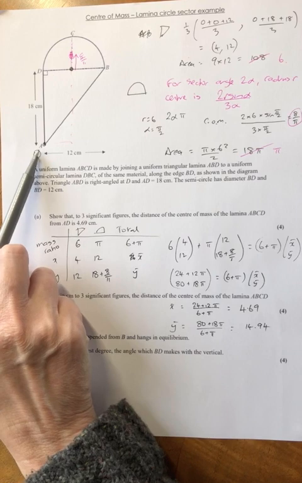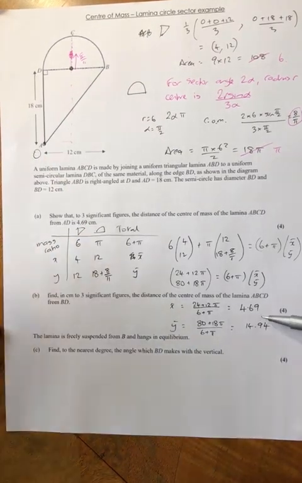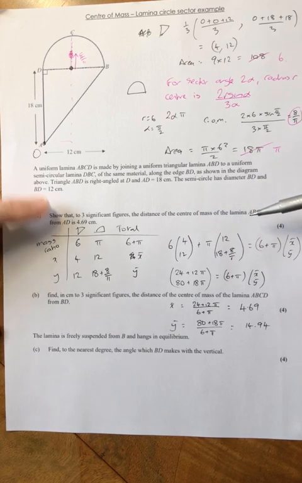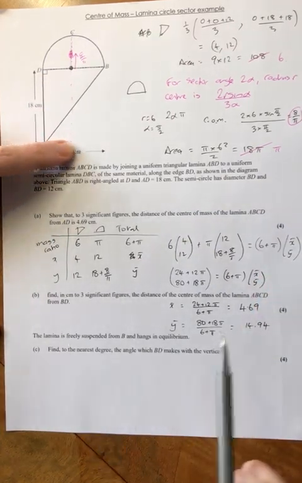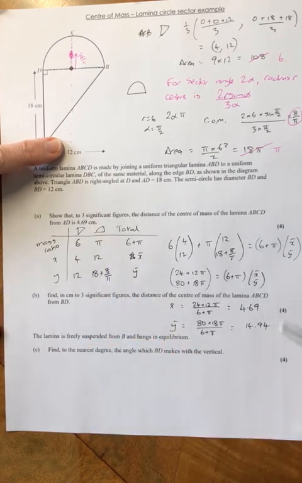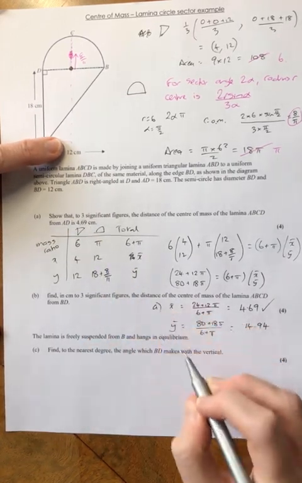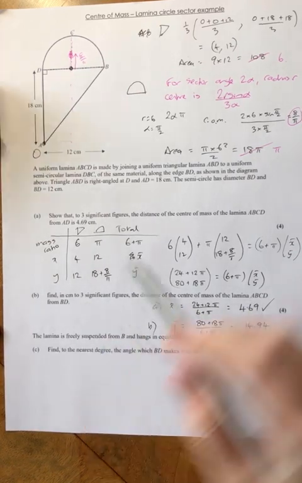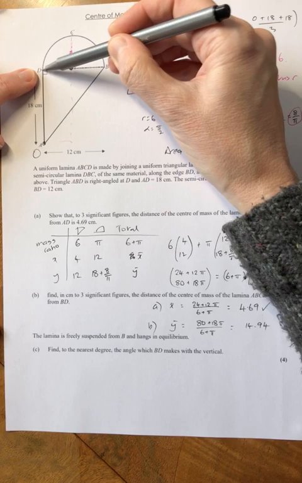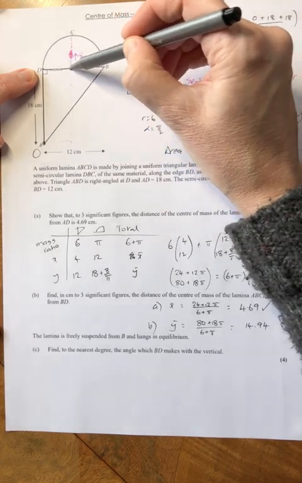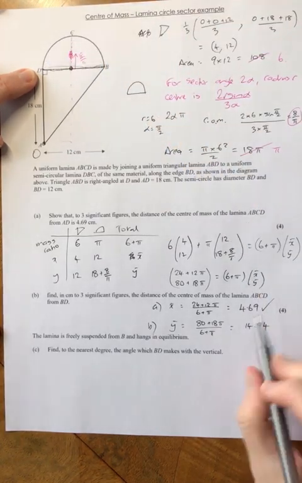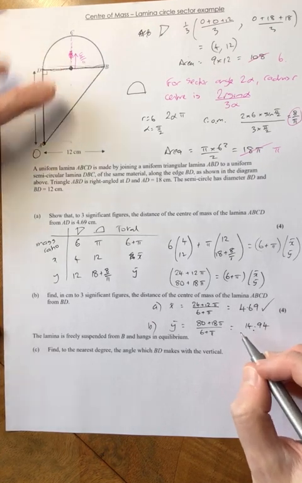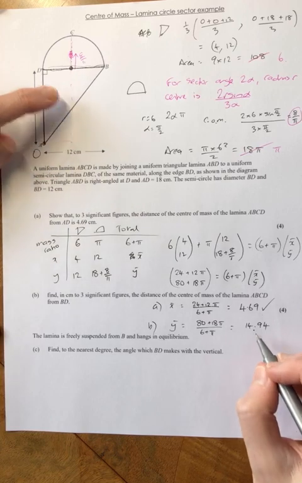So that is, of course, from this point here. Part A, show that the distance from AD, yep, that's the way that I've done it. That's the 4.69. So that is part A. Part B, the centre of mass from BD, right? So BD is there. I would just have to work out 18 minus that.